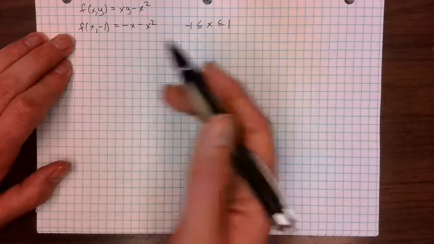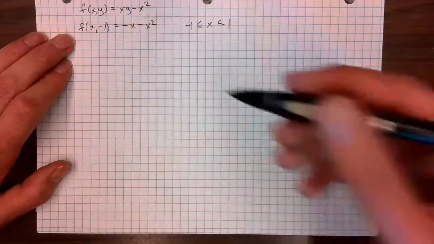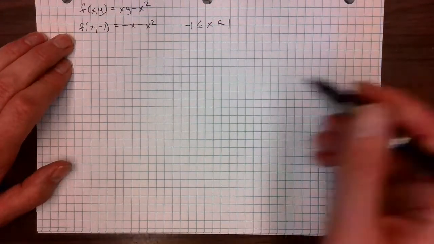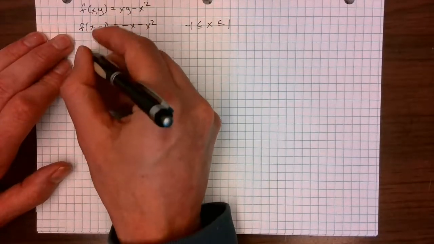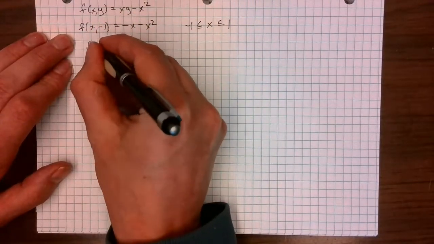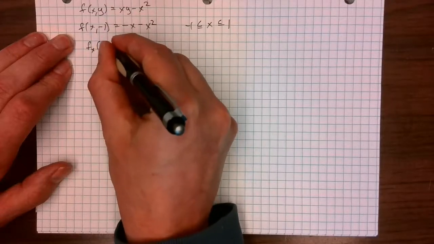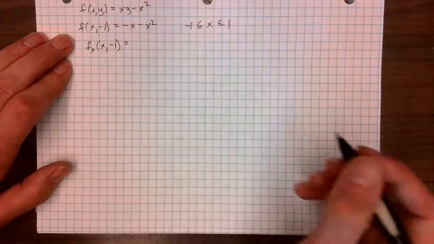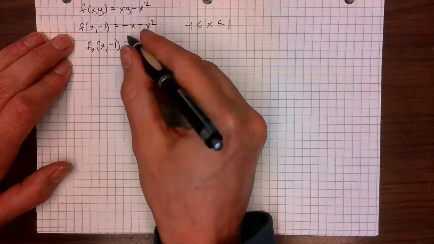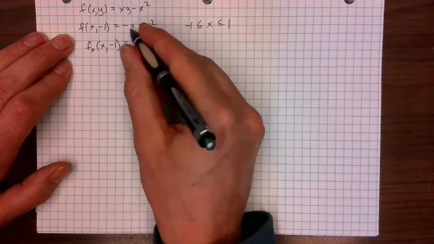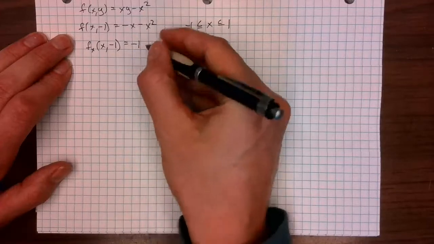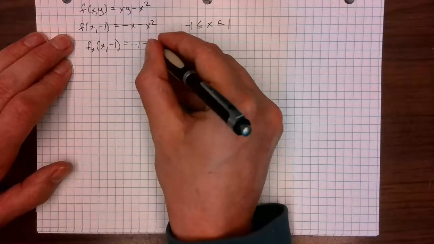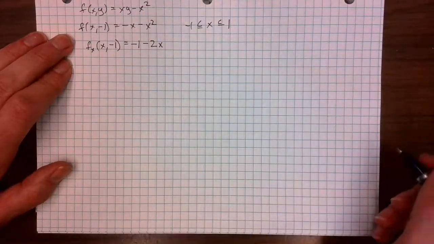That's the same thing as plugging y equals -1 into the x derivative, by the way. So this is f sub x at y = -1, and so I just differentiate with respect to x, right? So -1 minus 2x.